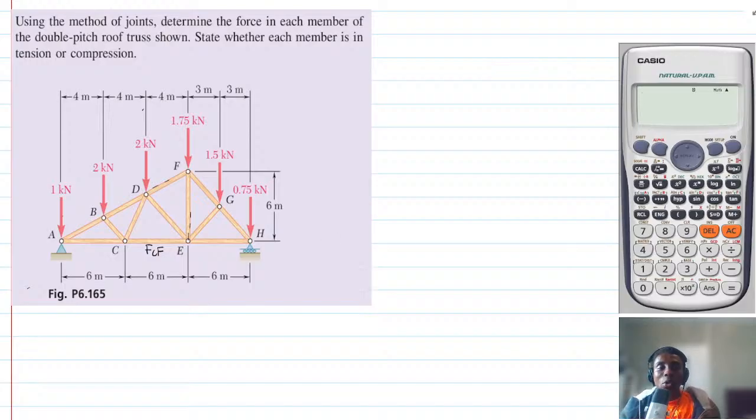Whenever we come to trusses, we have two main methods. We have the method of joint and we have the method of section. And by the time I've finished trusses with you, you would have done equilibrium of rigid bodies. That's why I didn't treat equilibrium of rigid bodies, because I know that by the time I am done with trusses with you, you would be able to know equilibrium of rigid bodies. So let's do it together then.